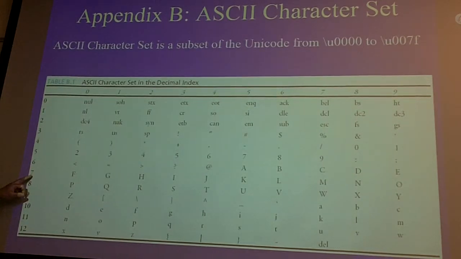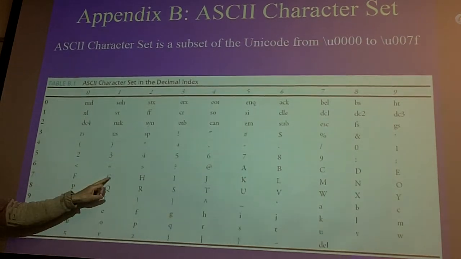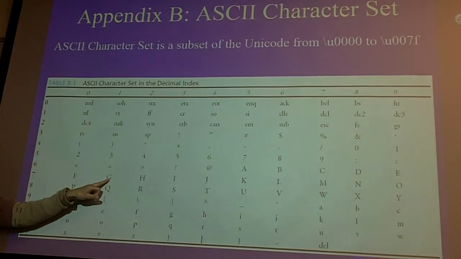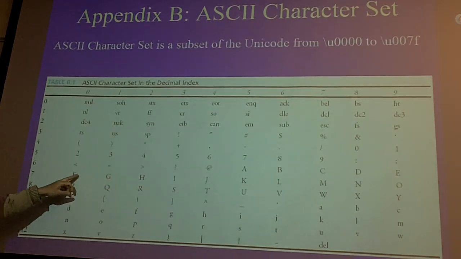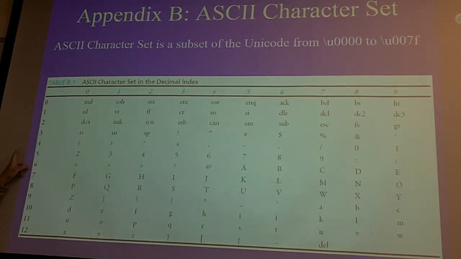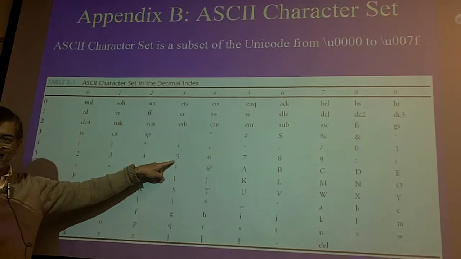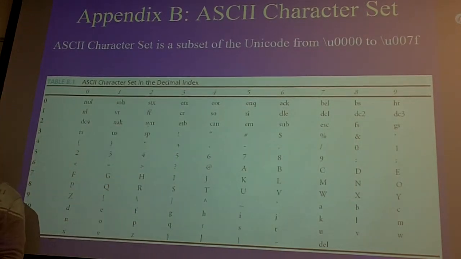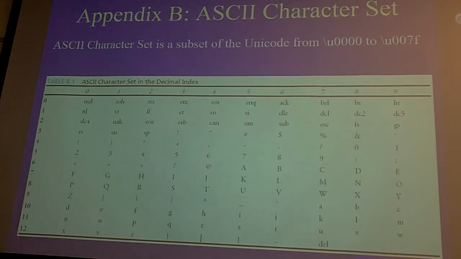It's the binary equivalent of 71. What is the ASCII code for the character 5? What do you think? 53. So whatever 53 is in binary, ones and zeros, will be stored for the character 5.